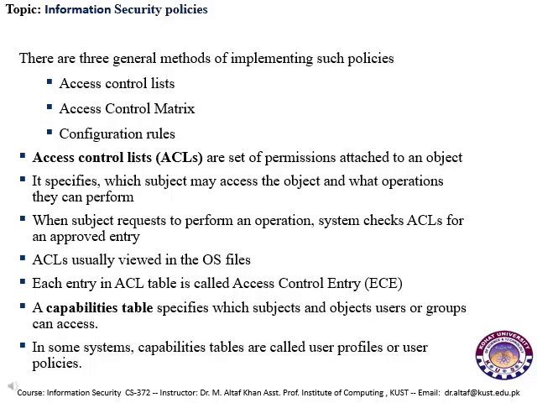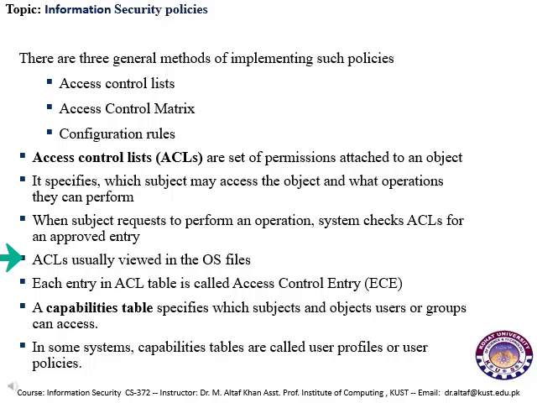So when a subject requires to perform an operation, the system checks ACLs for an approved entry. Either the subject is allowed to perform that operation or not. In short, ACLs can control access to file storage systems, software components, or network communication devices.